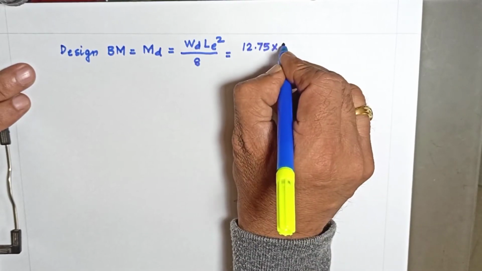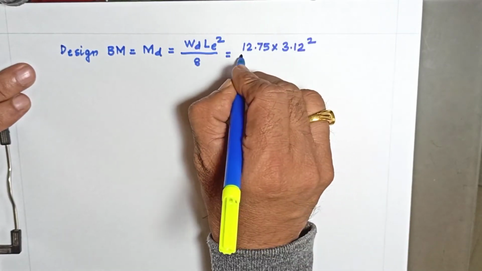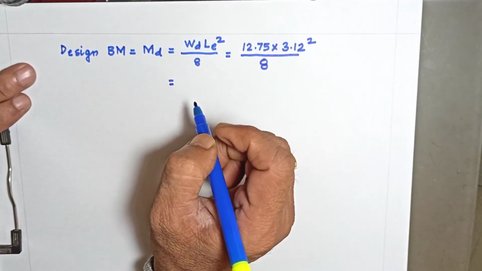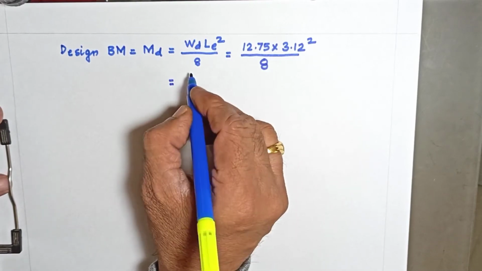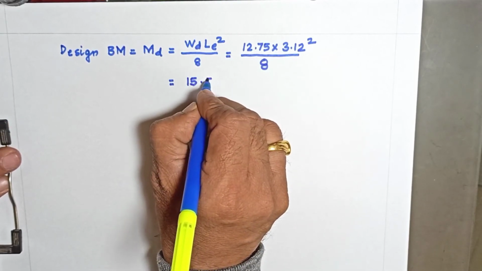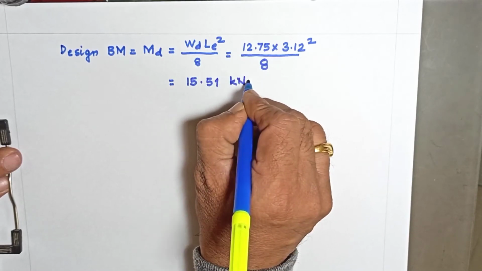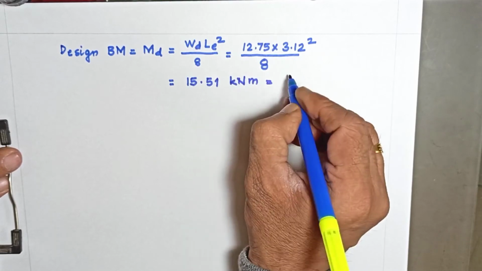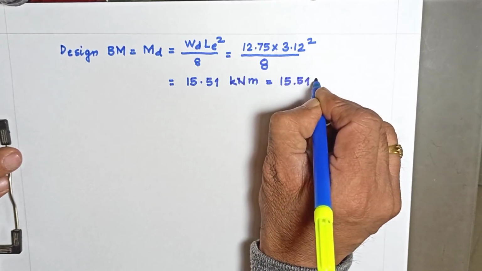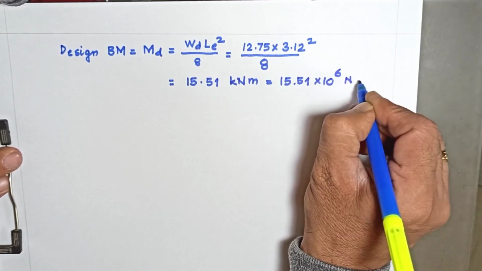LE is 3.12 square divided by 8, and you will get this value of design moment as 15.51 kilonewton meter, which is equal to 15.51 into 10 raised to 6 Newton mm.